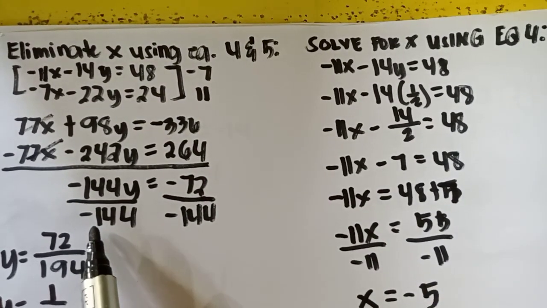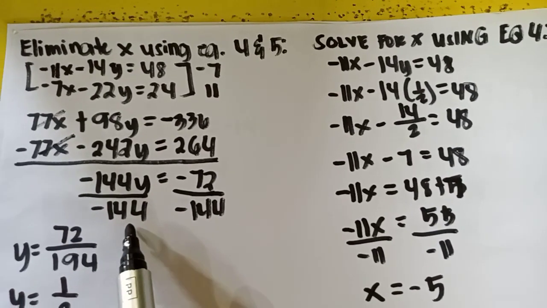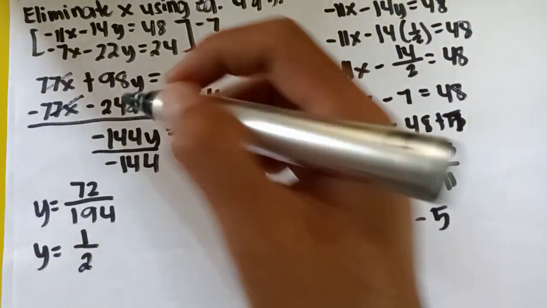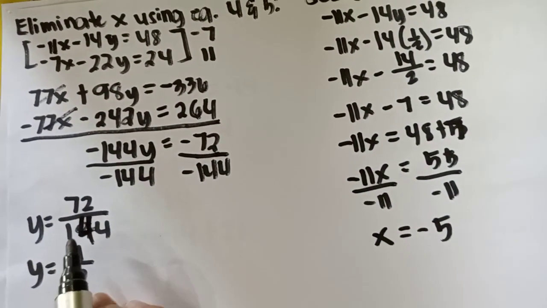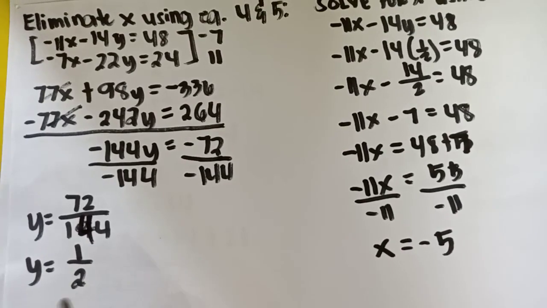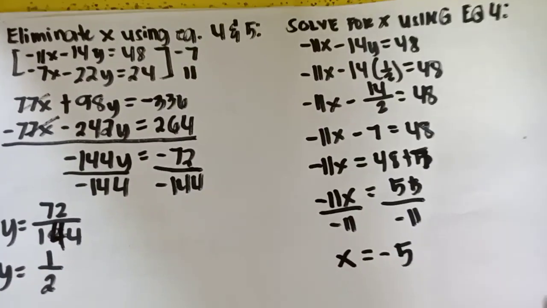To eliminate negative 144, we will divide both sides by negative 144. So y is equal to 72 over 144, or simply 1/2.